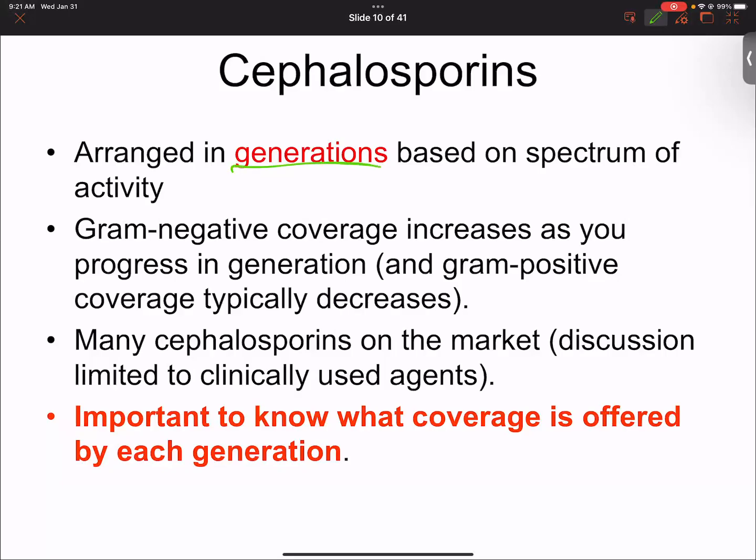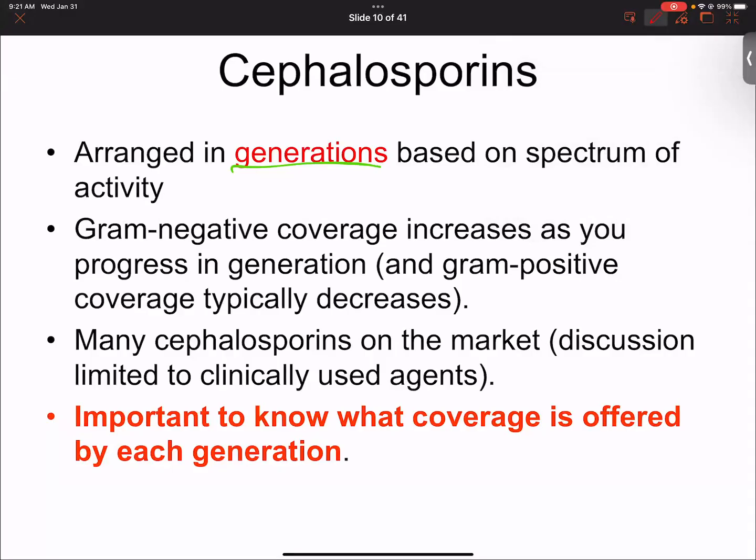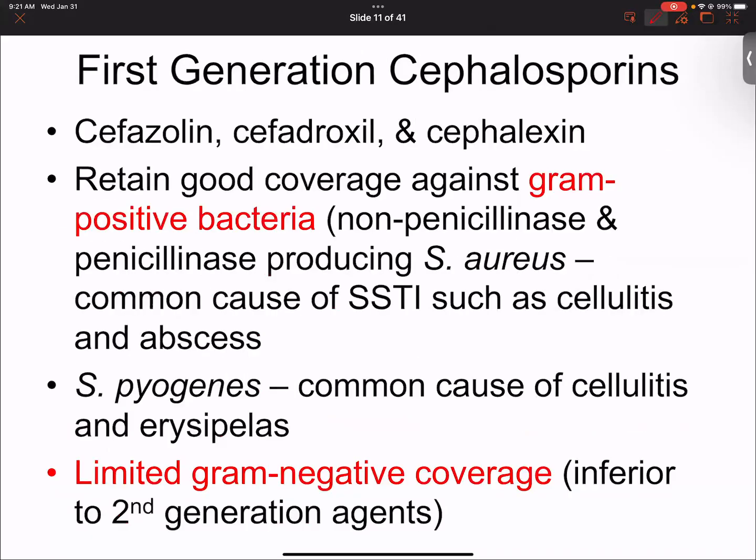So we just kind of talked about the generations then, and I hope that makes sense. And I hope you start to study those so that they're solidified in your mind. First generation agents, as you guys already stipulated, those three drugs. Gram-positive bacteria, very good coverage. What's unique and interesting about the first generation cephalosporins is their utility in the face of an MSSA infection, right?